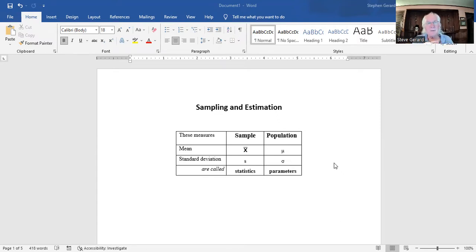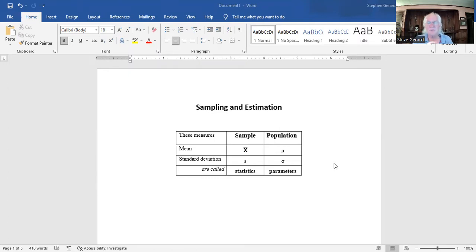We can't go out and talk to everybody in the world and note down what everybody in the world thinks about something. We can pull a sample, and if we do a good sampling process, we can infer information about the population from our sample.